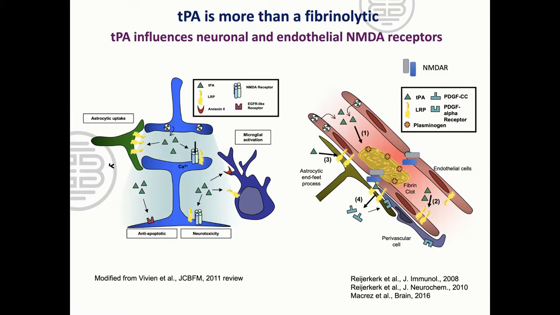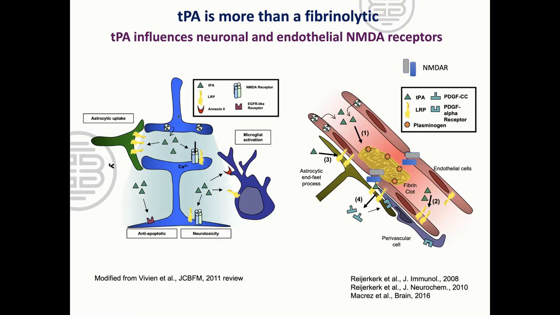So tPA is more than a fibrinolytic, which means that tPA is not only produced by the endothelial cells and released into circulation to control clot formation and clot lysis, but we also demonstrated that tPA is produced by neurons.